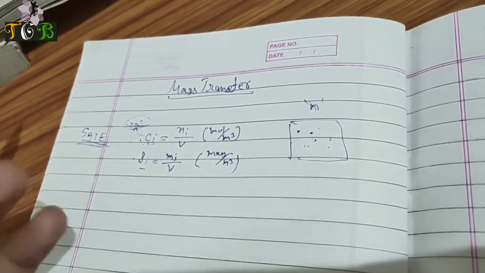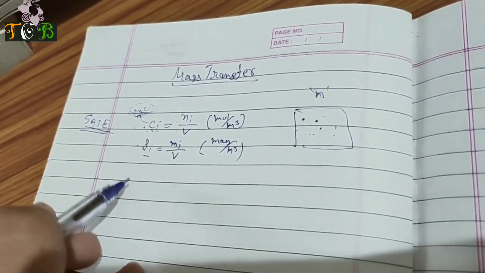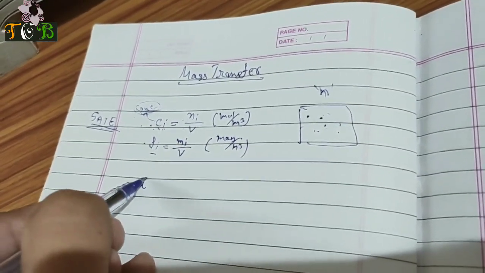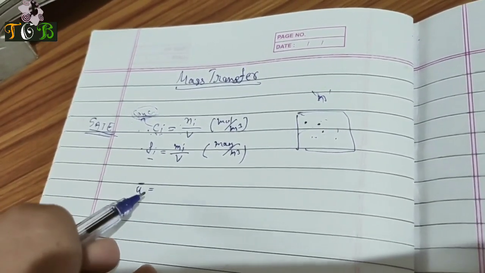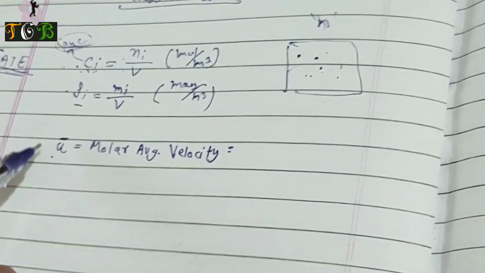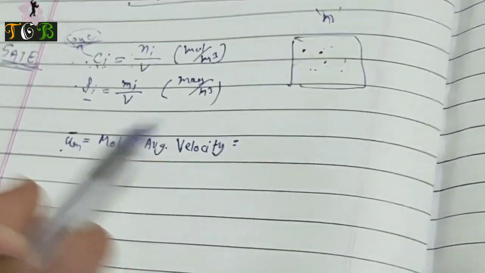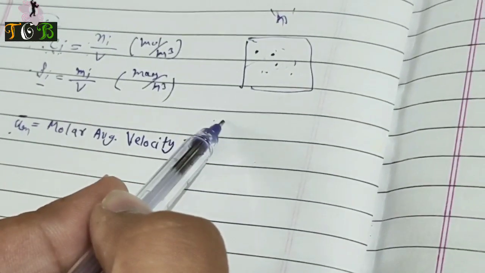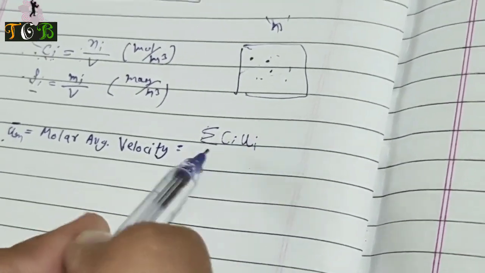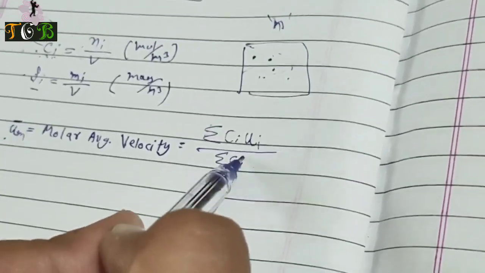Now the next thing we have to define is the molar average velocity, which is very important. We define it by u bar, or we can call it u bar m. It is defined simply as the summation of ci ui divided by the summation of ci.